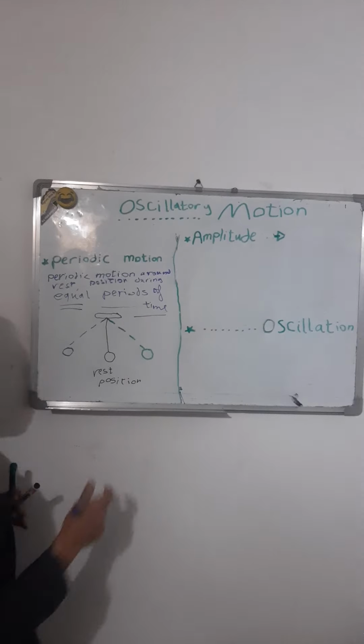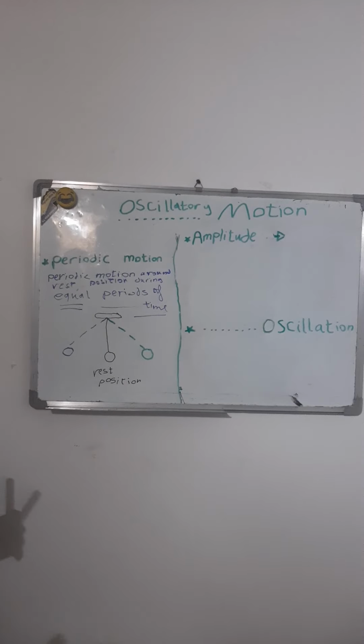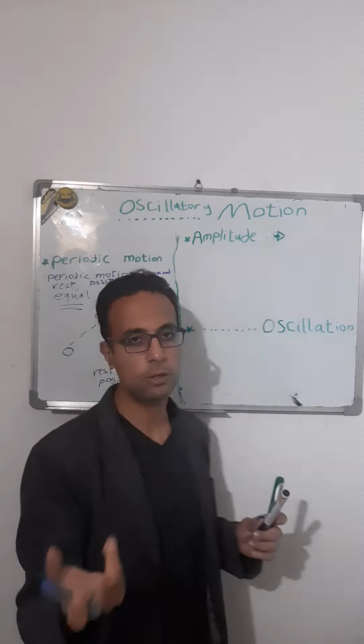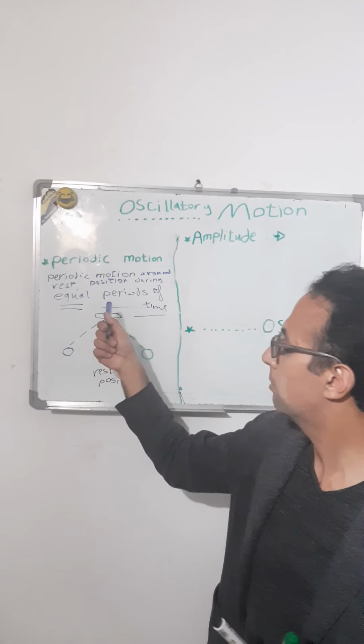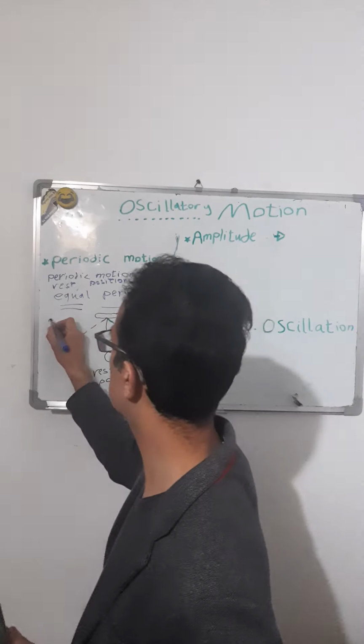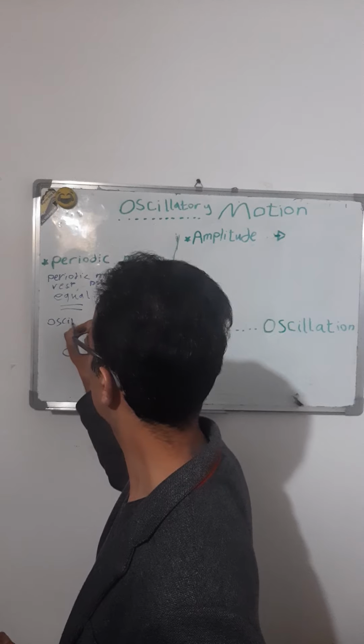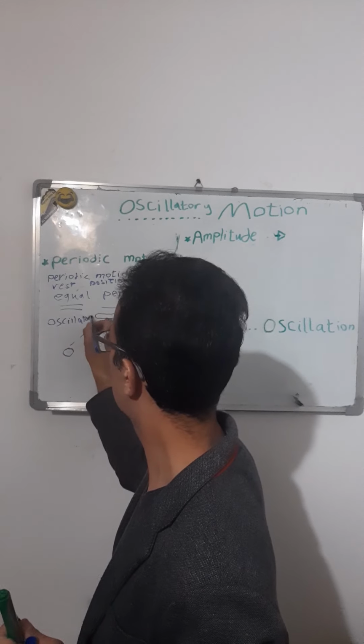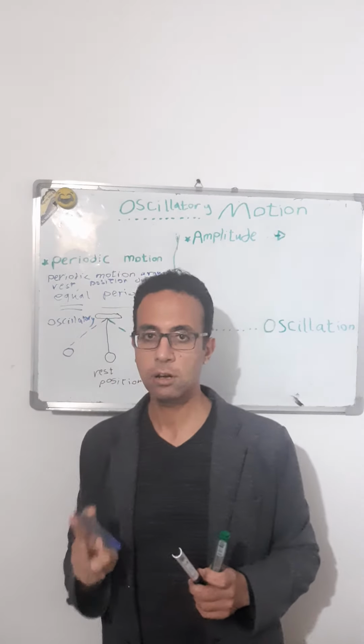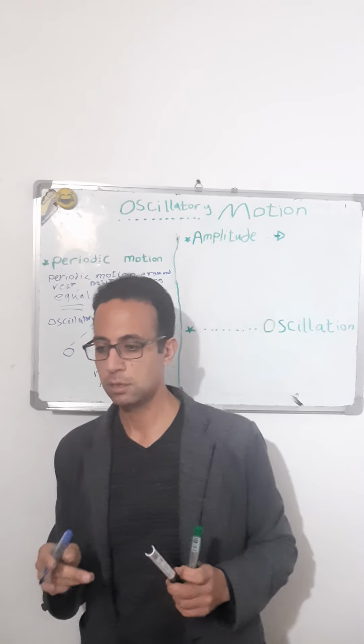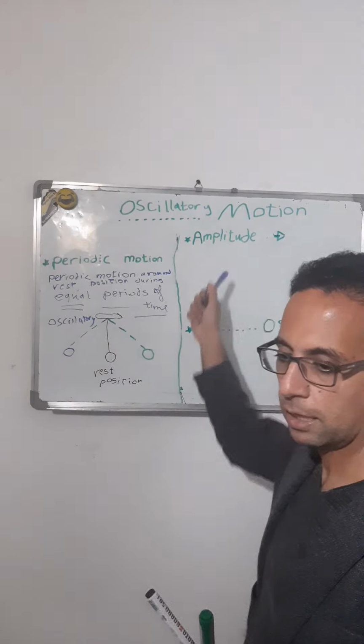So this is the first topic, or the second point. We talked about periodic motion, and we talked about oscillatory motion. We'll go now to the third point, which is amplitude.